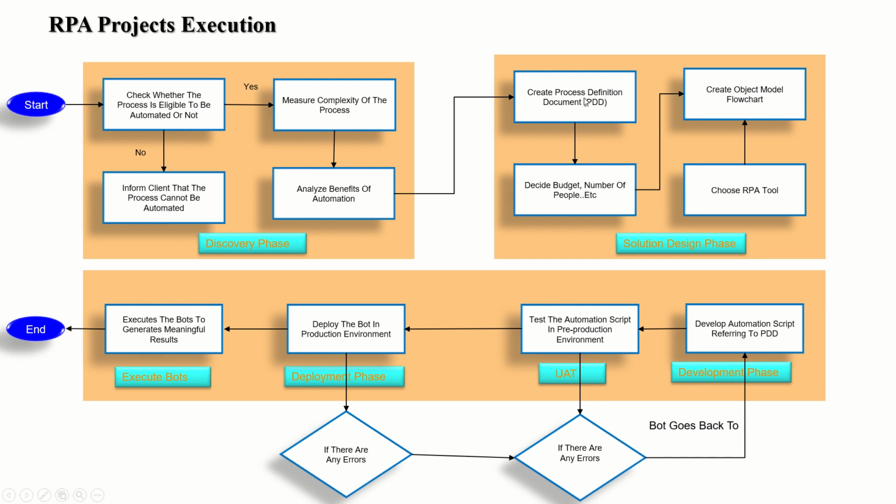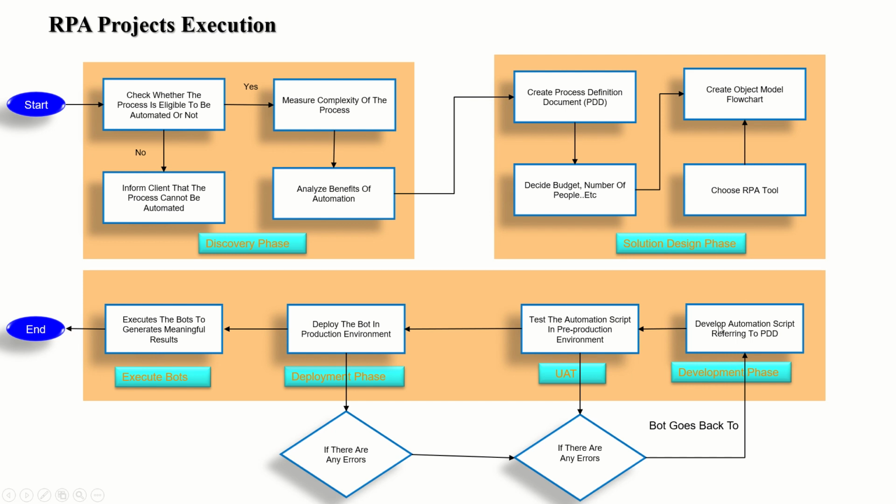After creating the PDD, we need to decide the budget, like how many people are required to develop this bot. After that, create the object model flowchart, and then choose the RPA tool. This comes under solution design.